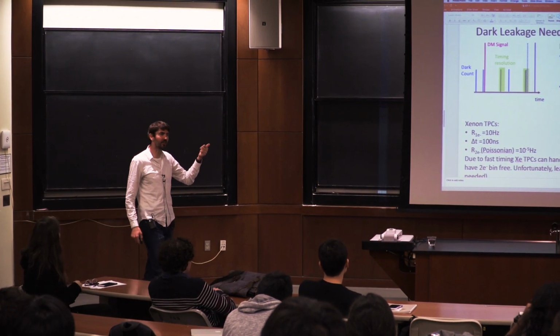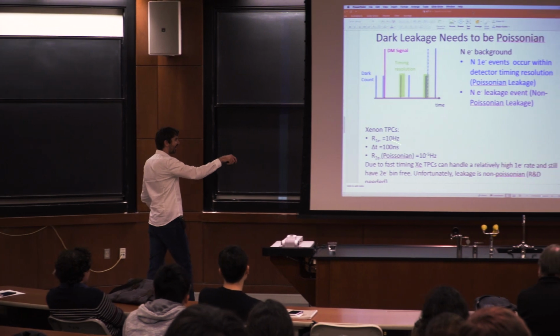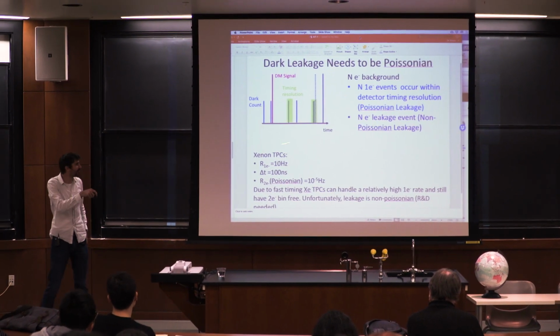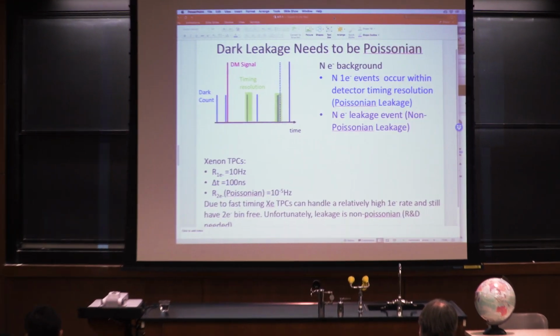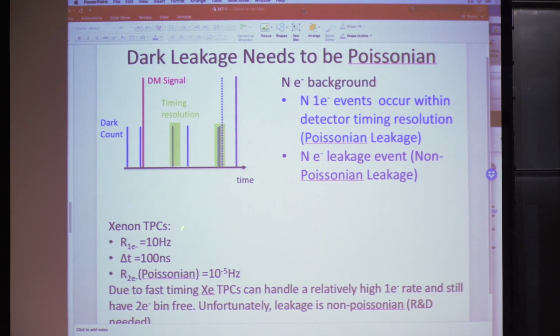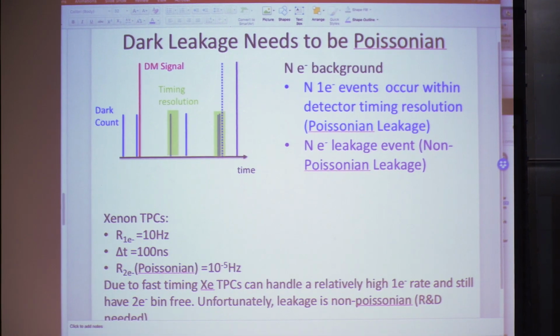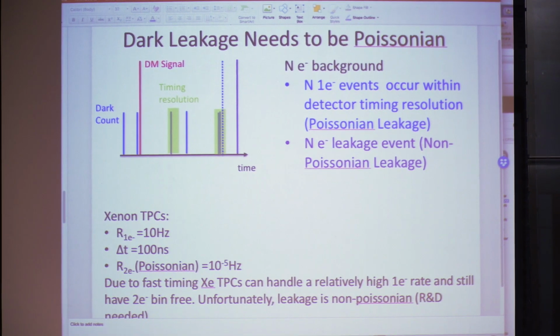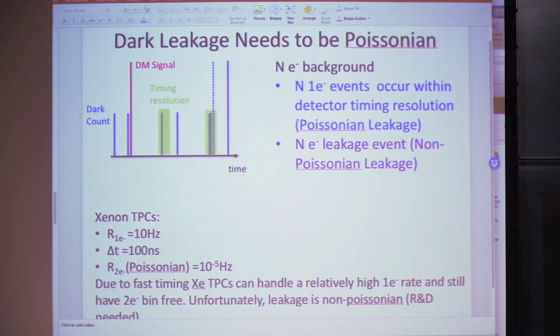Well, but at 5.7 hertz, let's actually just go through the math. Let's toss the math down at 10 hertz. It turns out that a xenon TPC, I don't know if you guys know PMTs well, but a PMT has roughly 100 nanoseconds resolution. You can get faster PMTs, but the standard PMTs that all the xenon TPCs use are something like 100 nanoseconds.